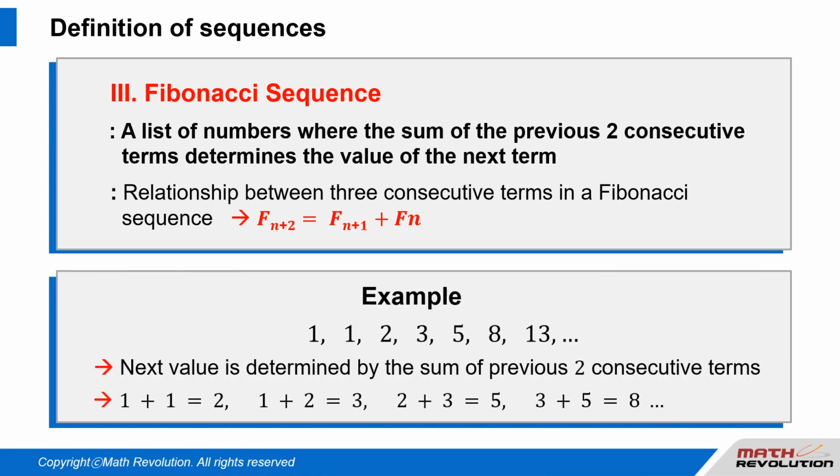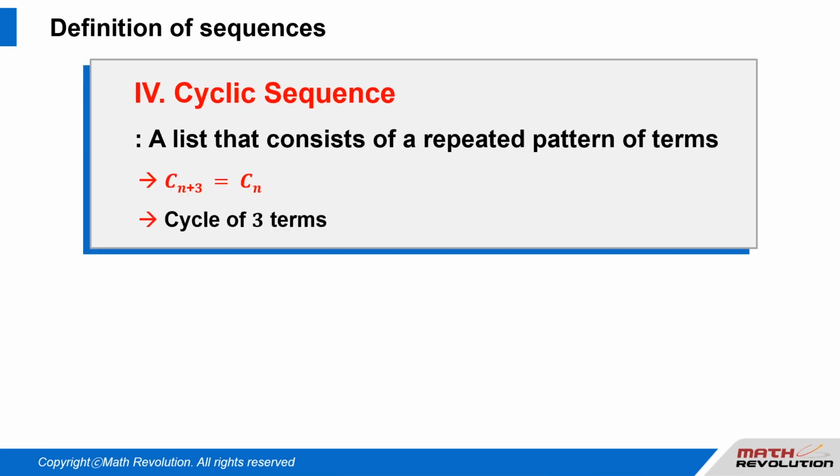For example, 1, 1, 2, 3, 5, 8, 13, and so on. The next value is determined by the sum of the previous 2 consecutive terms, such as 1 plus 1 equals 2, 1 plus 2 equals 3, 2 plus 3 equals 5, 3 plus 5 equals 8.